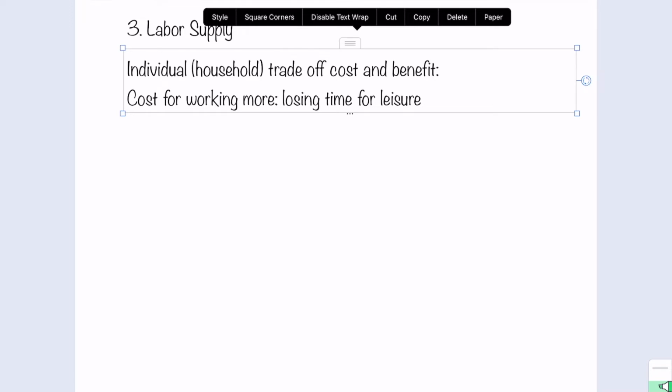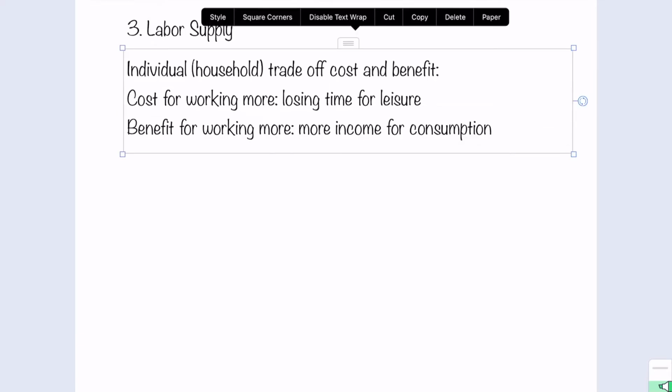So then what is the benefit of supplying labor? The benefit of working more is more income you can get for consumption. So when you work, you are going to gain some more income. And then with that income, you can spend it, which means that you can consume. And then again, when you choose to consume, it will increase your utility.